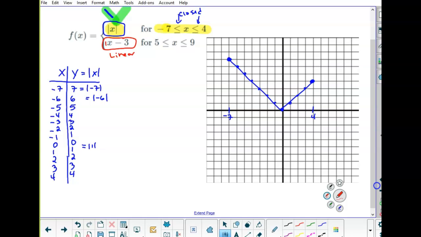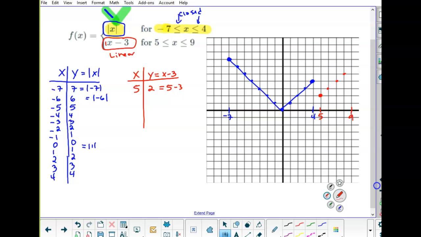So if I can find one point where it's going to start, let's do 5 minus 3, which tells me my starting spot is over 5, up 2, and that's also going to have a closed circle. Then I know its slope is 1, so why generate the table? I can go up 1 over 1, up 1 over 1, and I'm going to go all the way to 9. So 5, 6, 9.